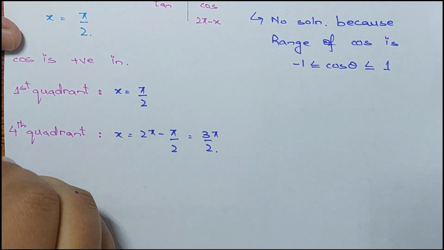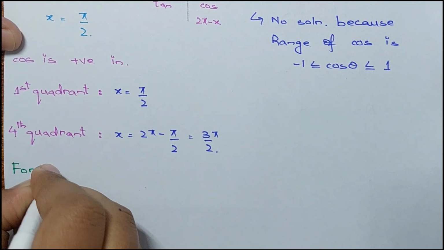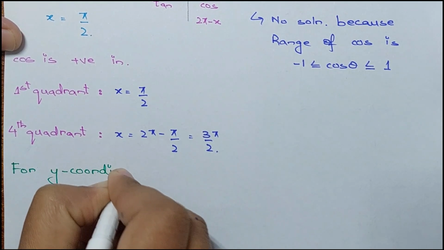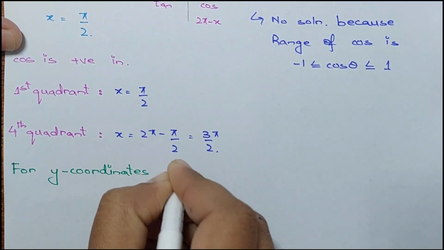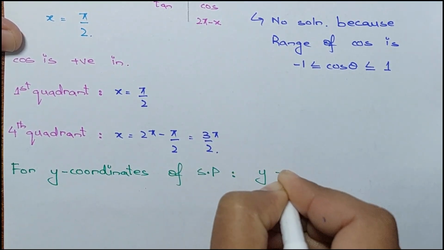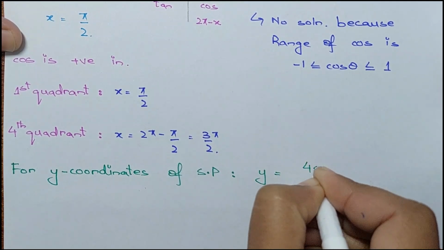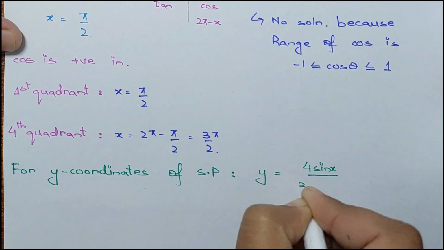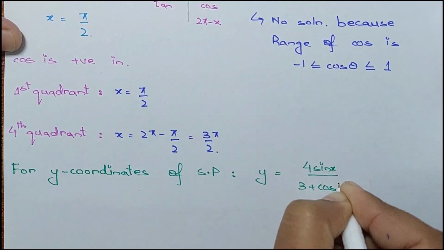So for the y coordinates of the stationary point, we need to put the x values into the equation: y equals 4 sine x divided by 3 plus cos 2x.